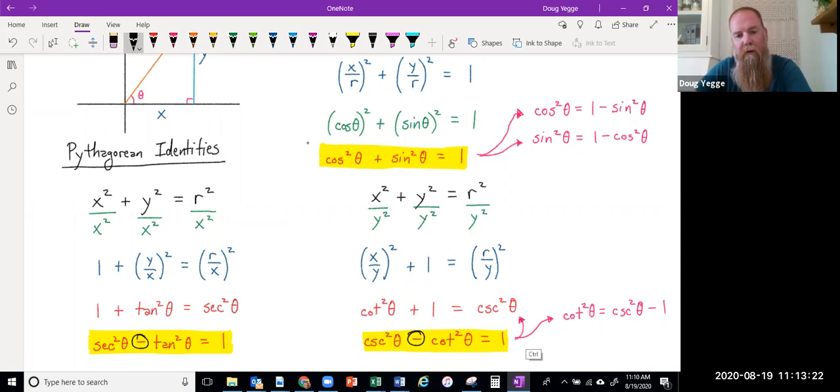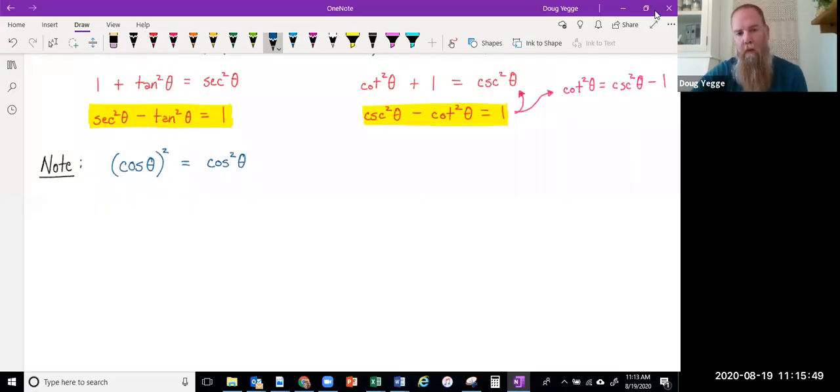And that's a really important thing to remember and memorize. One thing to help us with these two is that if you memorize one of them, secant squared theta minus tangent squared theta equals 1, now you just add co to the front of these, and you have cosecant squared theta minus cotangent squared theta equals 1. So all three of these are going to be important, but we also want to make sure that we can convert from one form to another.